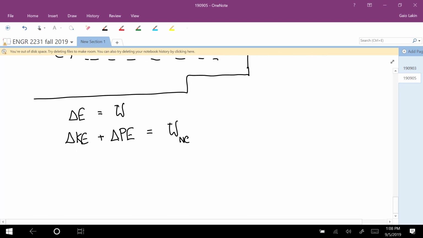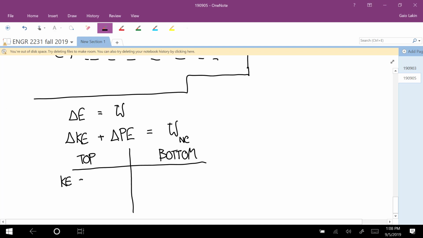Okay, so at the top and the bottom of the hill, the kinetic energy at the top, he's starting from rest, so that's 0.